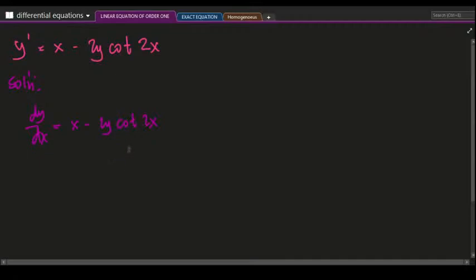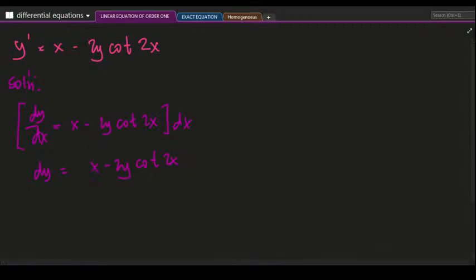Maybe we will not be dividing this by dx, because this is already in the standard form.